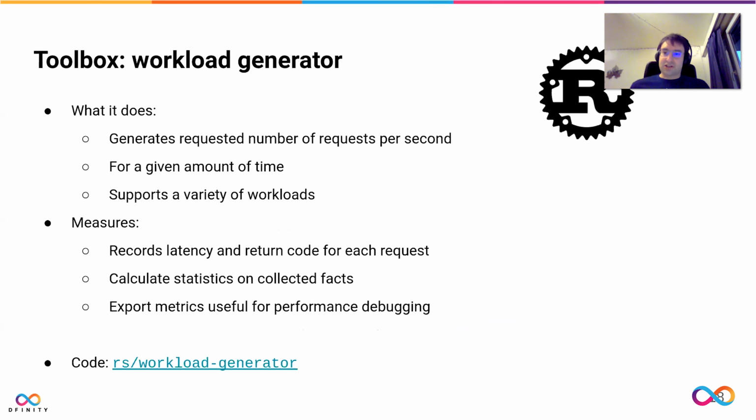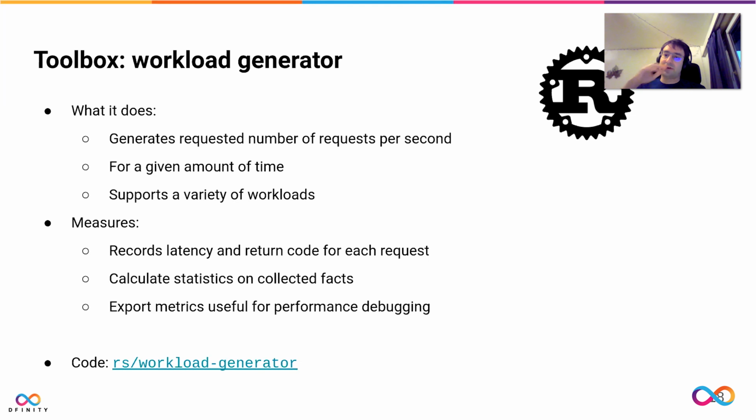We also have a tool that is called the workload generator, which we have been developing a while ago. Essentially what it does is it generates a large number of requests, configurable, for a certain amount of time.